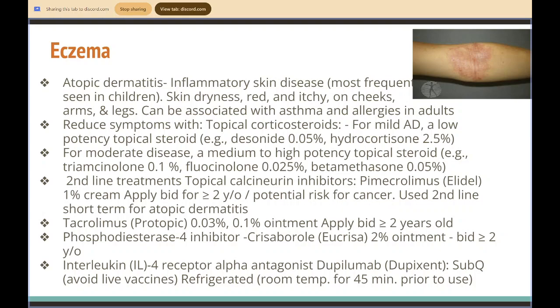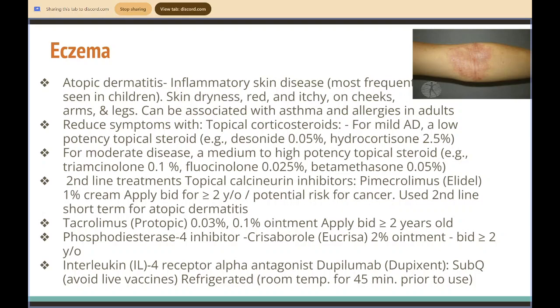Second line treatments are going to be topical calcineurin inhibitors such as Elidel or tacrolimus and pimecrolimus. Once again, if you use that as your Wi-Fi password, that's tough. We have 1% cream. You can apply BID for greater than 2 years of age.